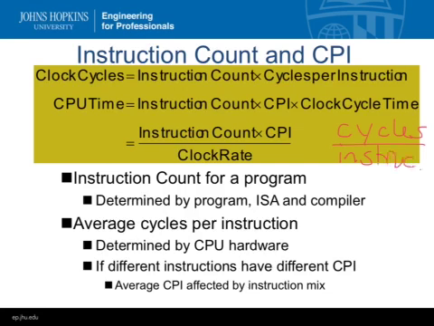So we're going to talk about different kinds of architectures, and there are architectures that run all instructions in one cycle, but there are some that take more than a cycle for some instructions. That is dependent on the instruction set architecture and the compiler. And we can get an average cycles per instruction. If there's a collection of different kinds of instructions that take different numbers of cycles, we get an average.